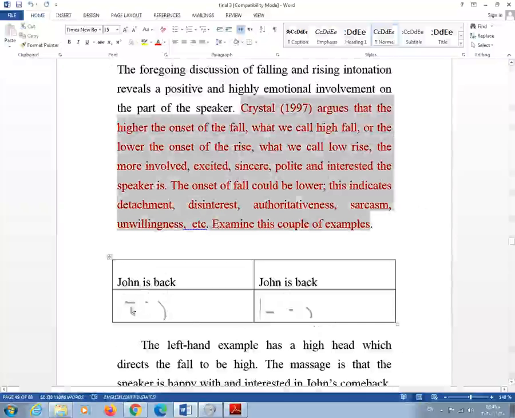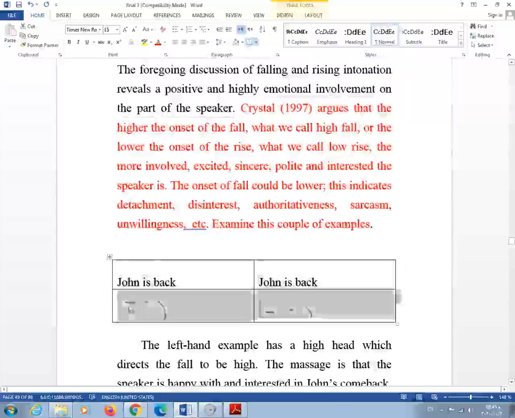And if you look at the first, the head in the first example is said with high pitch. And this makes the fall a high fall. And in the second, John is said with low pitch, and this makes the fall a low fall.